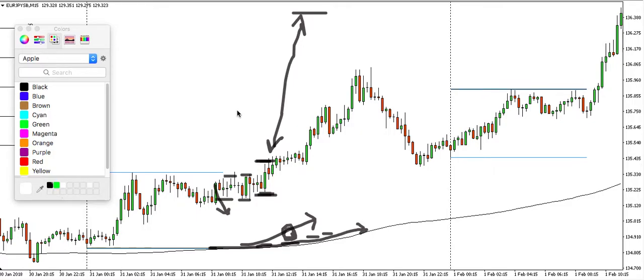Now we've got the trend direction and how to enter into that trend. We need to consider the exit point. The whole point of doing this is that we can make much more on our winners than we do on our losers, so we want to maximize this as much as possible.